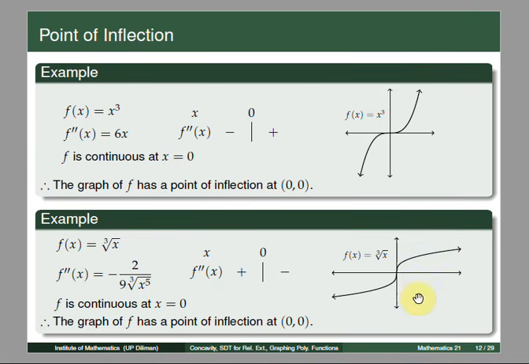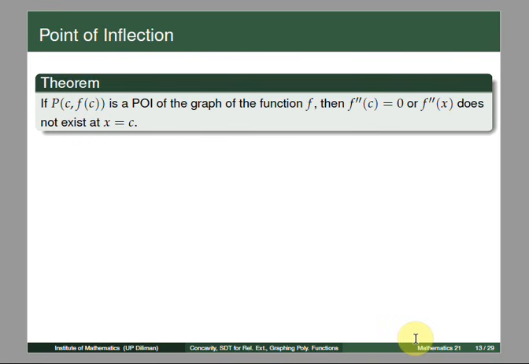If we substitute 0 in the second derivative, f double prime of 0 is undefined. This is actually always the case. That is, whenever a function has a POI at a point, then its second derivative at that point is either 0 or undefined.